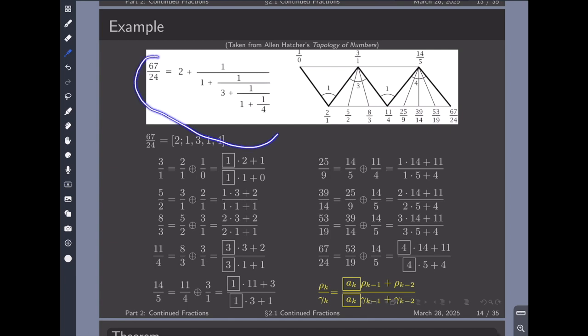Here, this one, you see, again, doing Euclid's algorithm, you obtain this. So you obtain that the continued fraction expansion of this one is equal to this one.